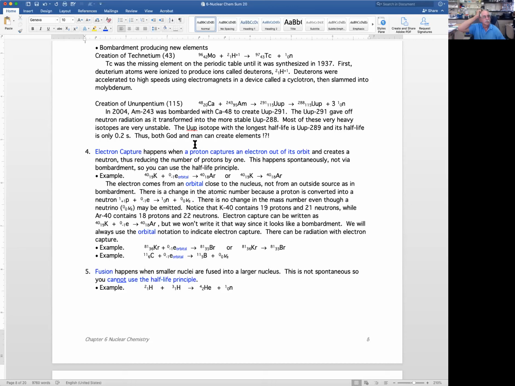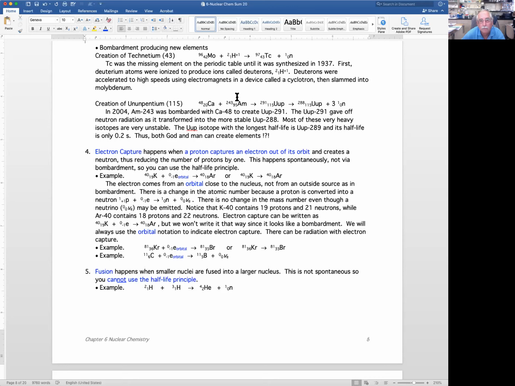So here's the creation of element 115. Element 115 has been given names. The periodic table that I have here hasn't put the names there yet. And so ununpentium simply means 115. So here's what they did in 2004.